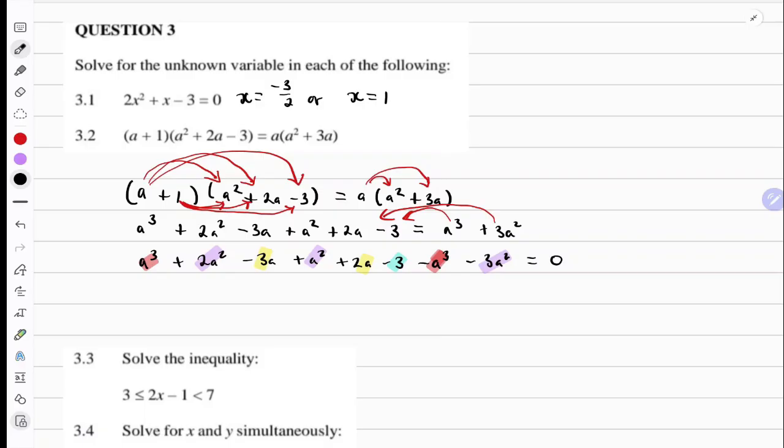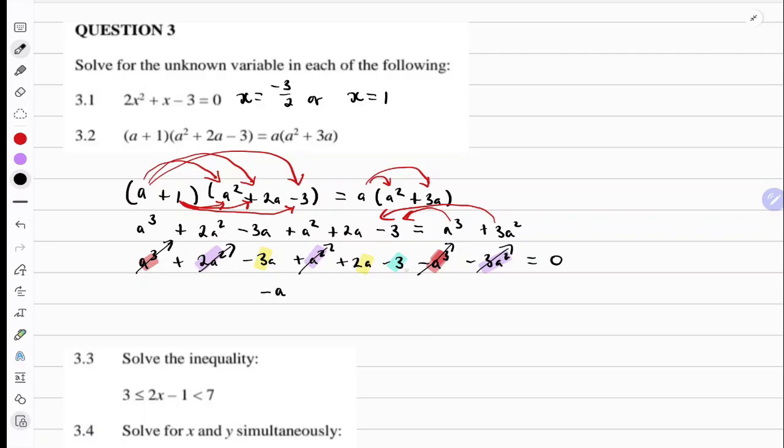So a cubed minus a cubed, these cancel out. 2a squared plus a squared is 3a squared, minus 3a squared. So these cancel out, right? And then minus 3a plus 2a is negative a.